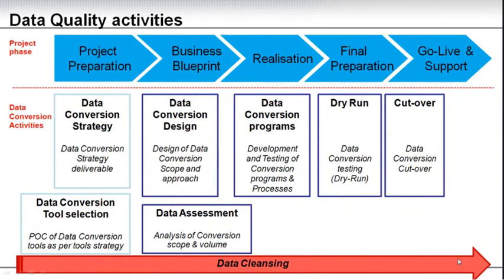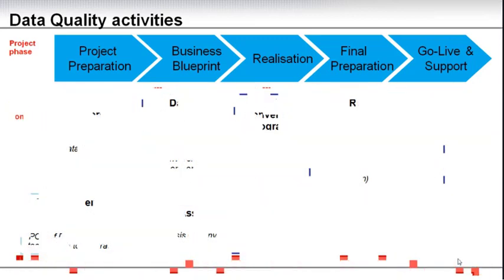So let's try and have a look at the data quality activities. And here is the chart from the previous lessons in data conversion. And we said that data cleansing is something that needs to be ongoing through your project. So let's try and transform this chart into focusing on the data quality activities itself.